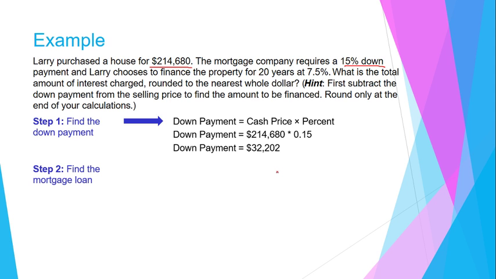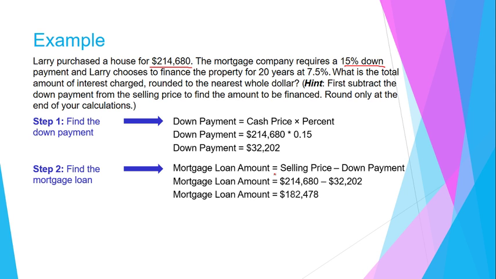Next, we want to find out how much Larry has to take a loan out for. Subtract the down payment from the cost of the house, and we get $182,478. So keep that amount in mind, $182,478.